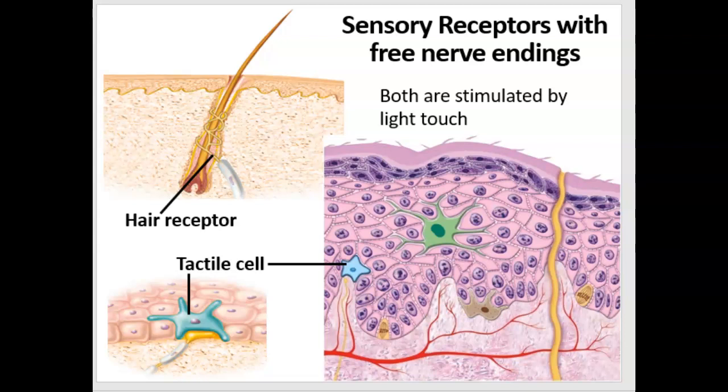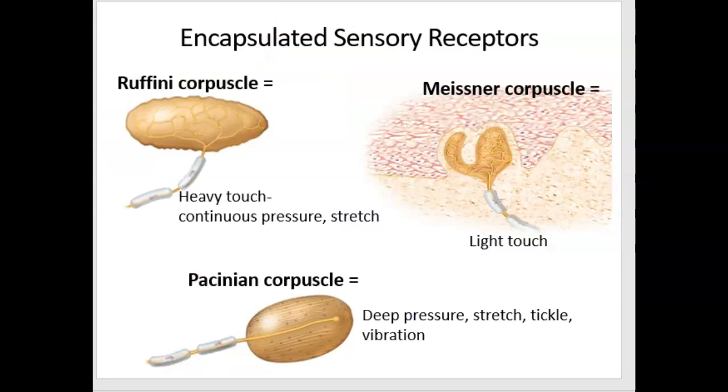Now the encapsulated sensory receptors located in the dermis are really complex. There's a Ruffini corpuscle, a Meissner corpuscle, and a Pacinian corpuscle. Let's look at the Meissner corpuscle first, upper right. There are nerve endings here wrapped in connective tissue, but notice where it's located. It's right at the border between the epidermis and the dermis, so it makes sense that the Meissner corpuscle would respond to light touch.